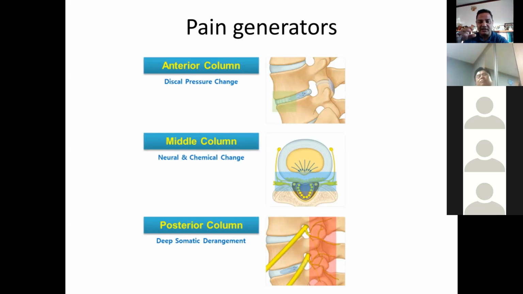In the posterior column, the pain arises from somatic derangement. It consists of the facet joint, muscles, and ligaments, and it has innervation also. So by posterior column dysfunction, the deep somatic derangement, we may have the pain generator in the posterior part. In the middle part, we have neural and chemical change, and in the anterior part it is mainly due to the change in discal pressure.